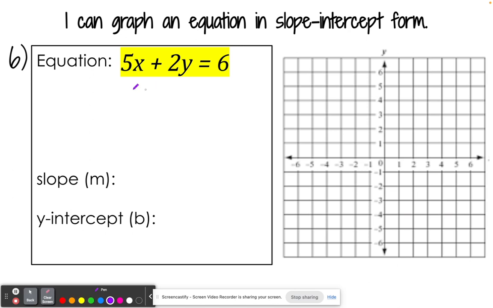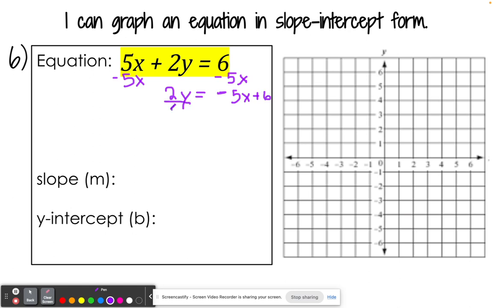This one is very similar. I have to subtract 5x from both sides. So I have 2y equals negative 5x plus 6. And see again, I already have a negative slope.